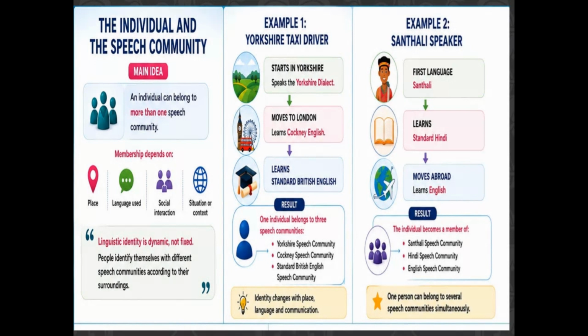He initially speaks the Yorkshire dialect and belongs to the Yorkshire speech community. After moving to London, he learns Cockney English and becomes associated with the Cockney speech community. Later, he learns Standard British English. Now, the same individual belongs to three speech communities. Which identity he emphasizes depends on whom he is speaking to and in what situation.